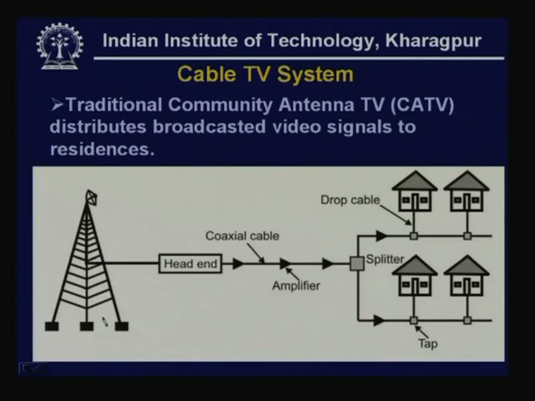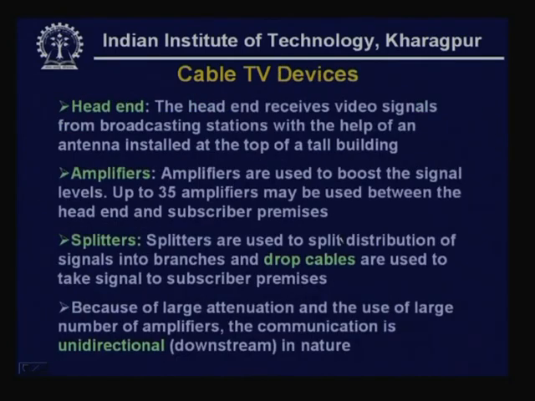It need not be a separate tower; this antenna can be mounted on the roof of a building, and from there the electrical signal is amplified and goes to the head end, and from the head end the video signal is distributed over the coaxial cable.